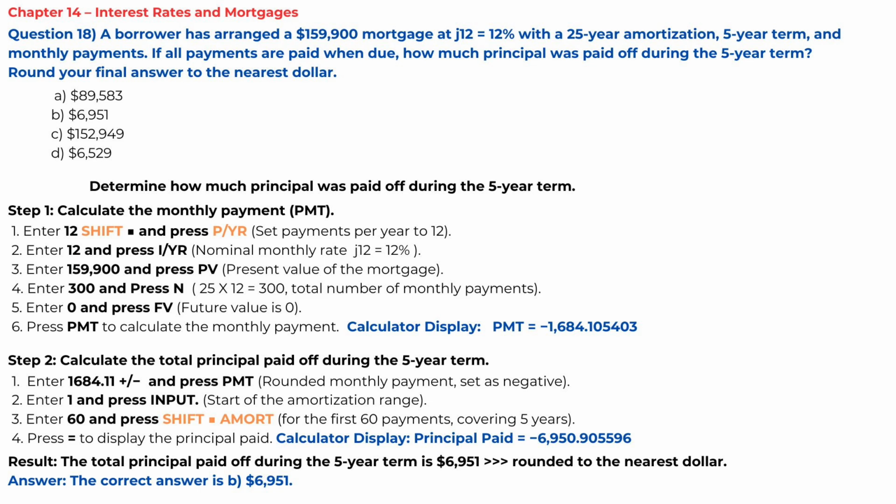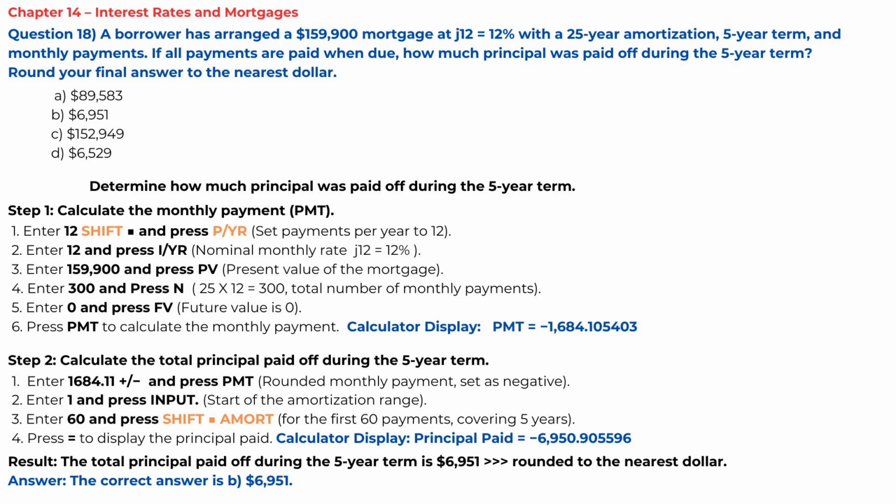Step 2. Calculate the total principal paid off during the 5-year term. Enter 1,684.11, press plus and minus sign, and then press PMT, rounded monthly payment set as negative. 1 input 60 shift amort, to figure out the principal paid for the first 60 payments covering 5 years. Press equal sign to display the principal paid.